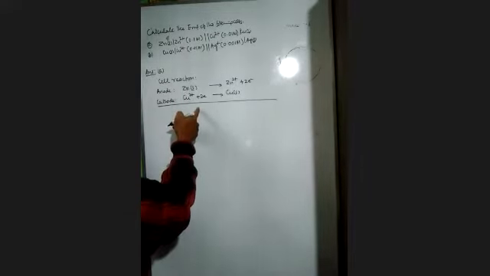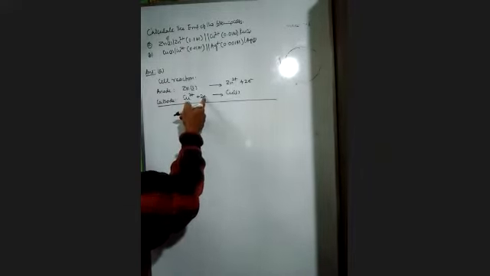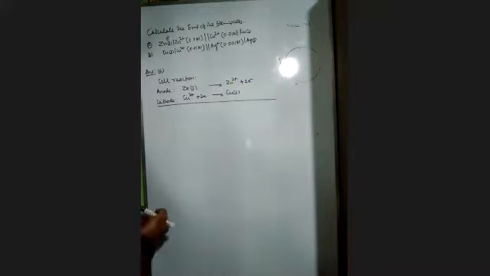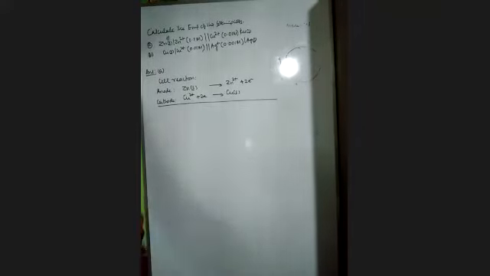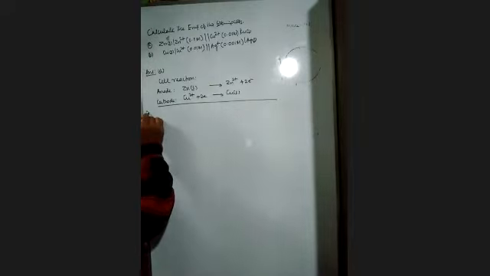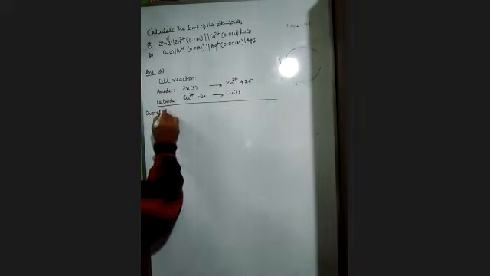Why do I have to write this equation? Because this gives me the value of n, since it is 0.059 by n. That small n is nothing but 2 here. So we'll write here, this is the overall reaction.